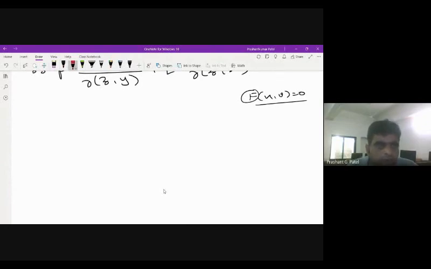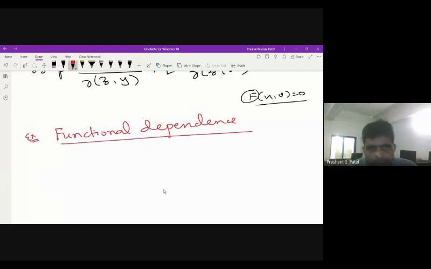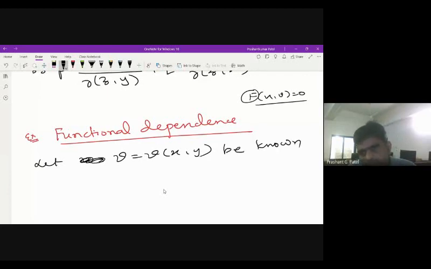Let's have the third type of example, that is known as functional dependency. So let v equal to v of x, y be a known function of x and y.